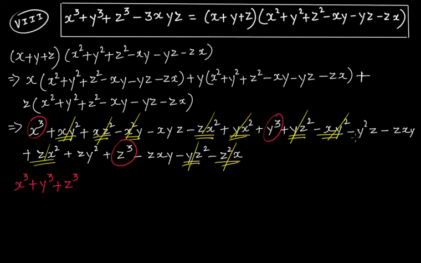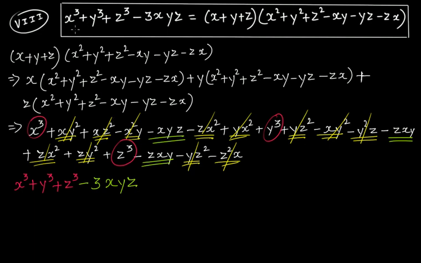Then you have minus y squared z, and you have plus zy squared, y squared z, that is zy squared, same. So plus minus gets cancelled. Now you have minus xyz minus zxy, same, xyz, and minus zxy means same, xyz. So that is minus 3xyz.